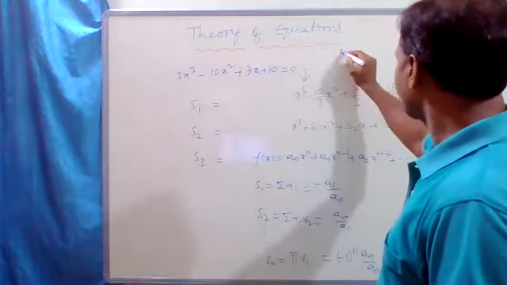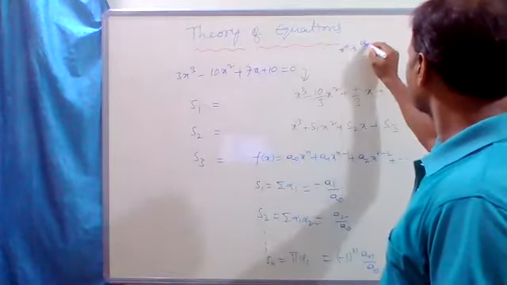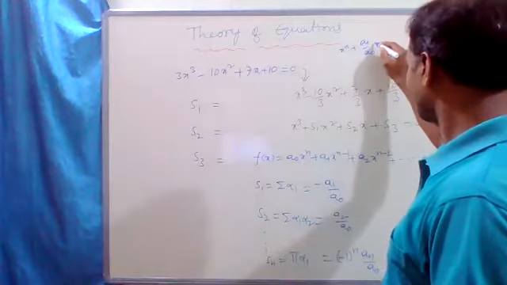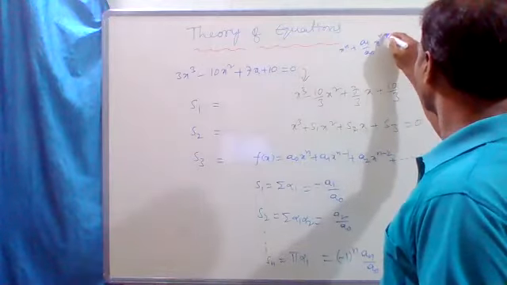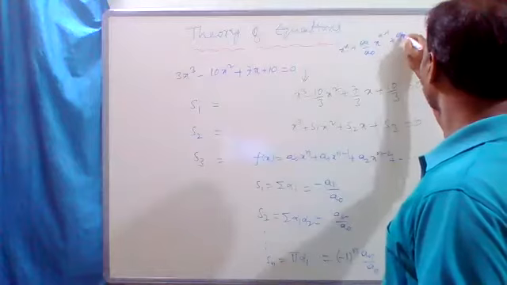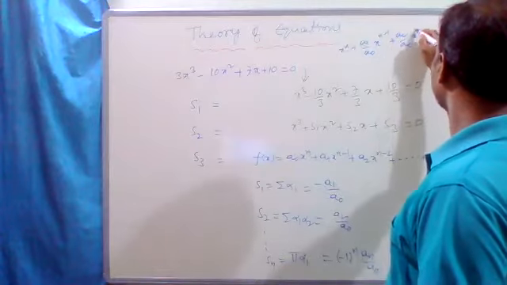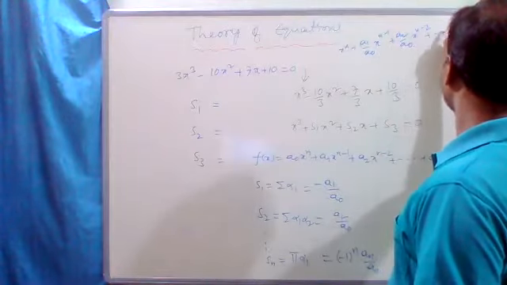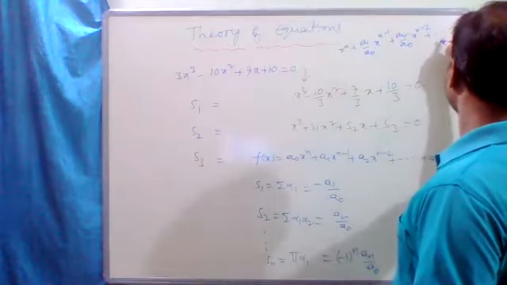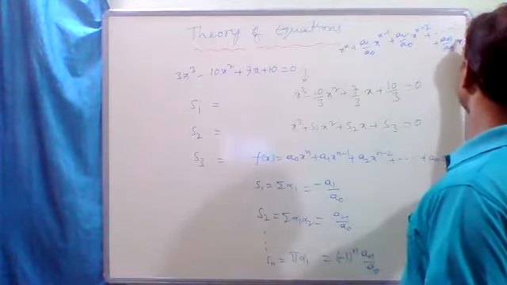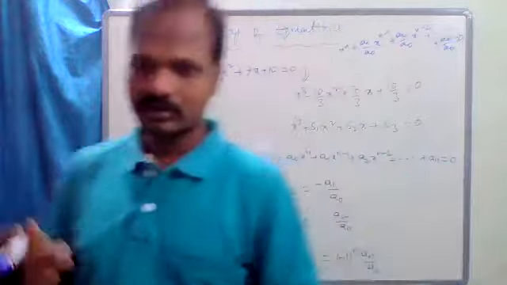So x power n plus a1 by a0 x power n minus 1 plus a2 by a0 x power n minus 2 plus so on plus an by a0 equal to 0.